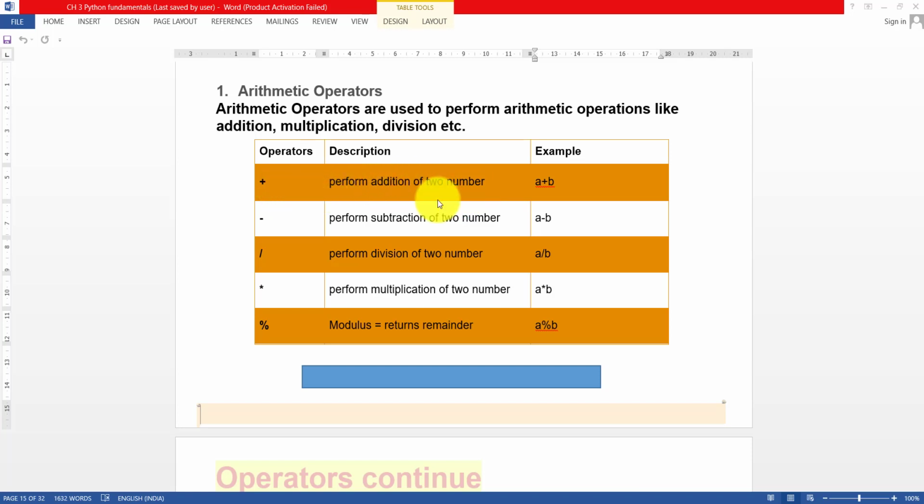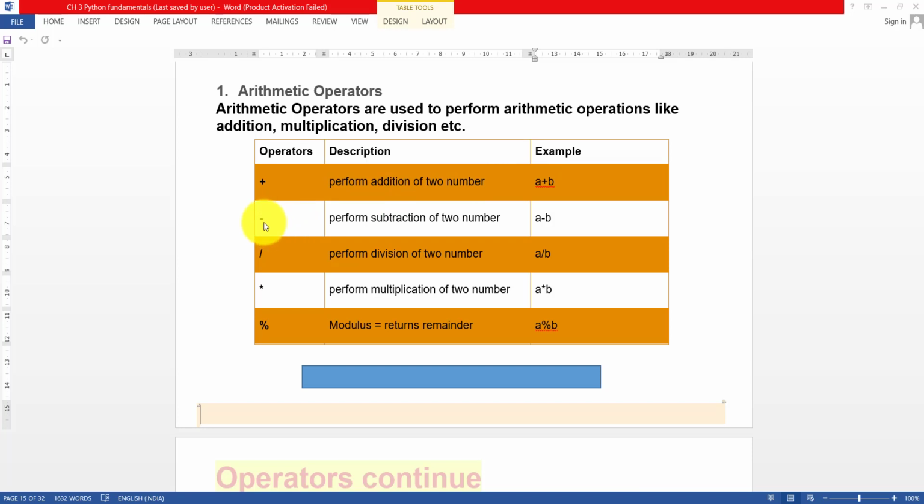We will use it like this, a plus b. A plus b will perform the addition operation. So a and b are operands and the plus sign is their operator.